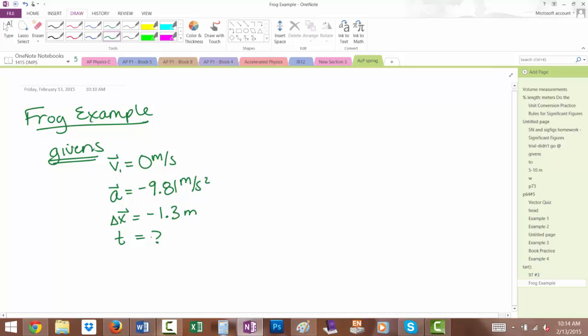Once you've got your givens written down, check with your neighbor and see if they match. Once you've chosen an equation, check with your neighbor and see if it matches with what they want to do. Help each other out.